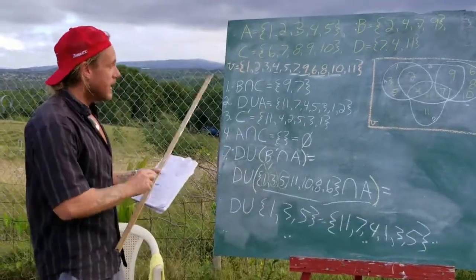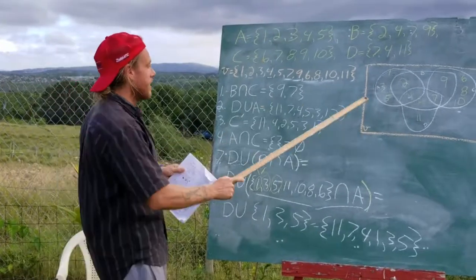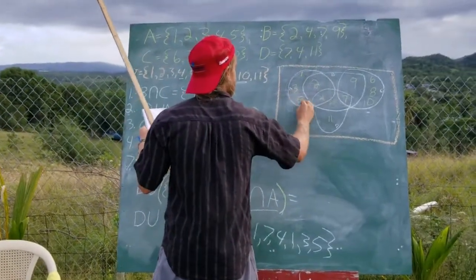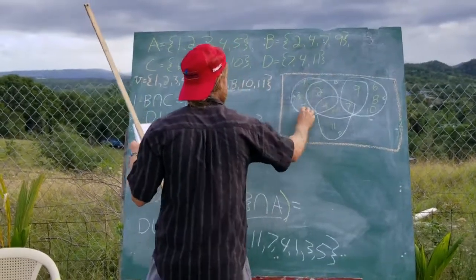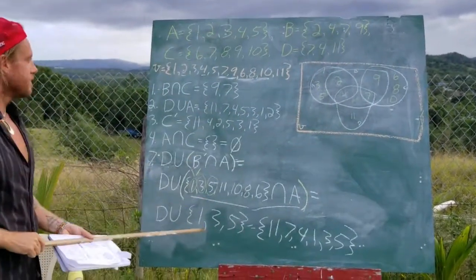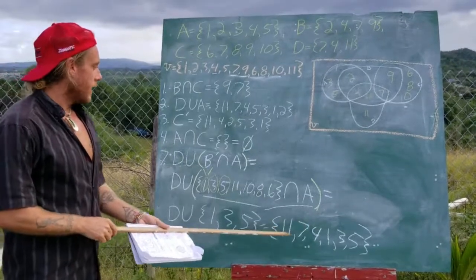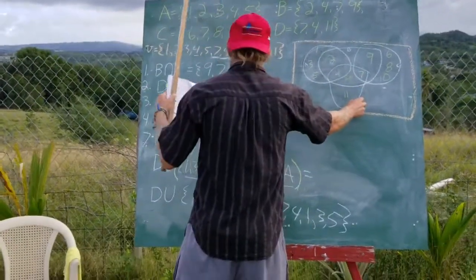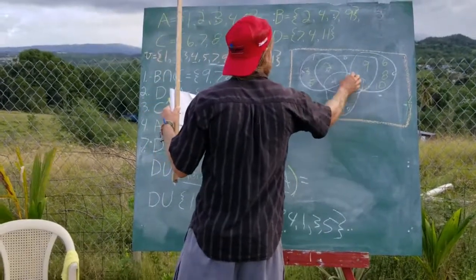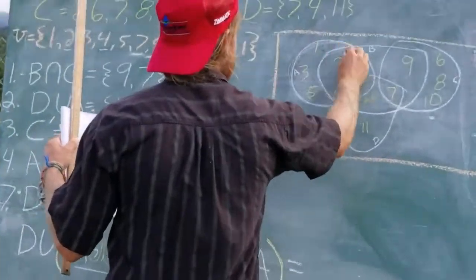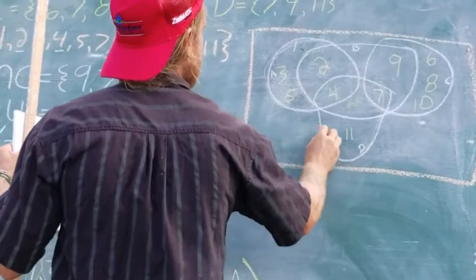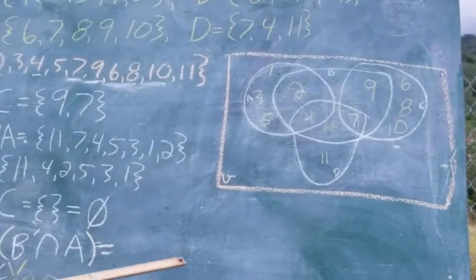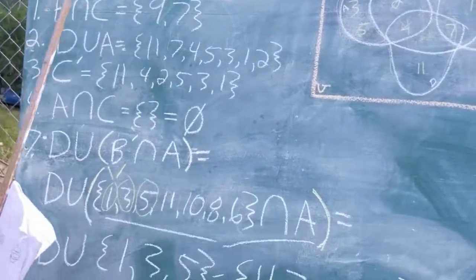So for our picture, the area it's describing is this area here, 1, 3, and 5, and also 11, 7, 4, which is set D. So kind of this crescent-shaped moon in addition to this area is what this particular situation was describing.